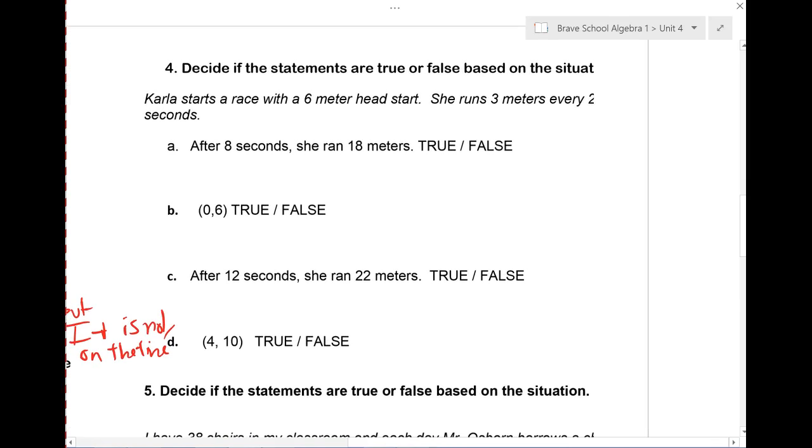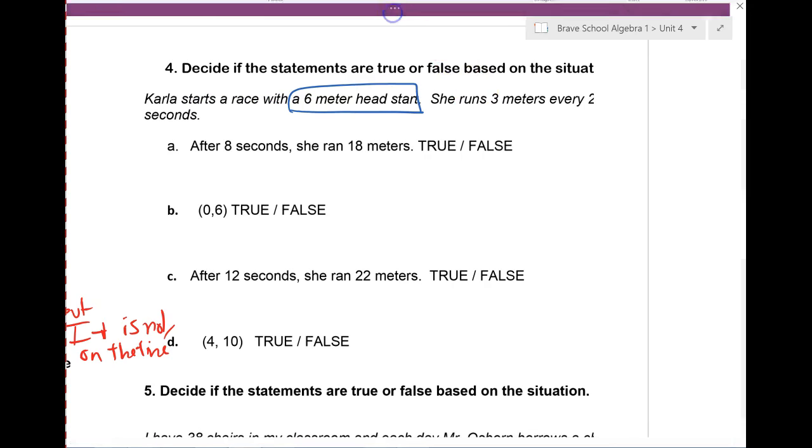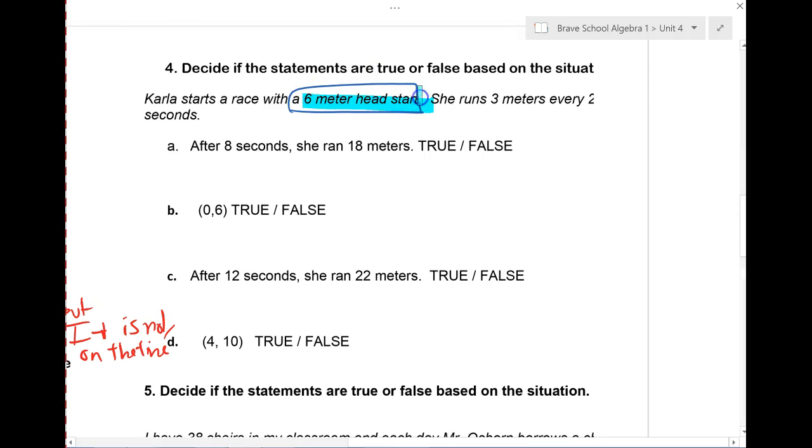Okay, same thing. This one is another statement, so you're going to do the same thing, make an equation. So Carla starts the race with a 6-meter head start. Okay, so "start" gives it away right there. We know right away that this is our starting point. And that must mean that she runs 3 meters every 2 seconds.